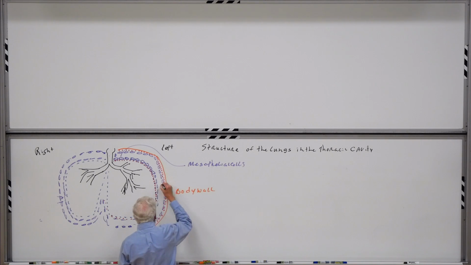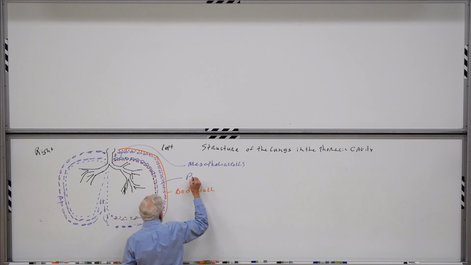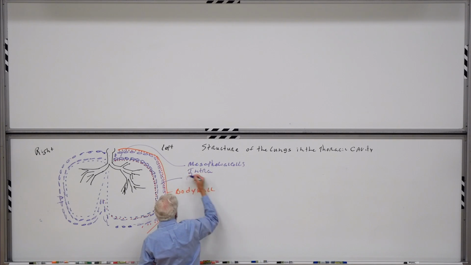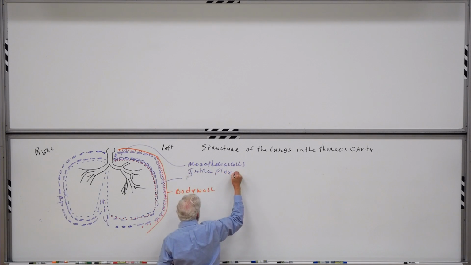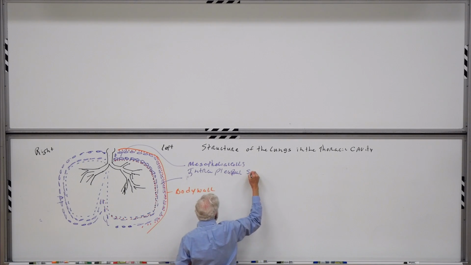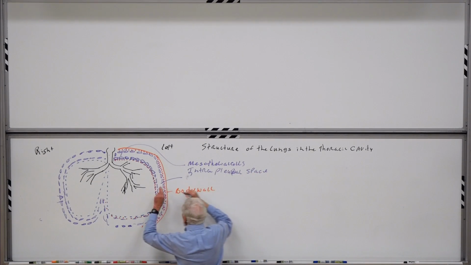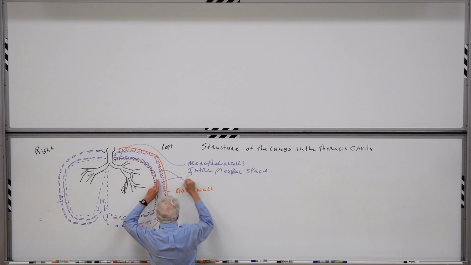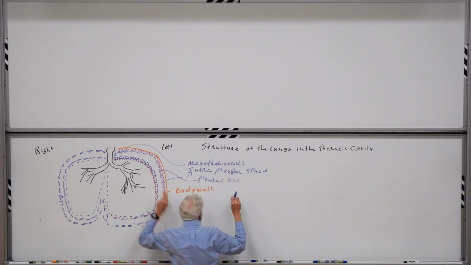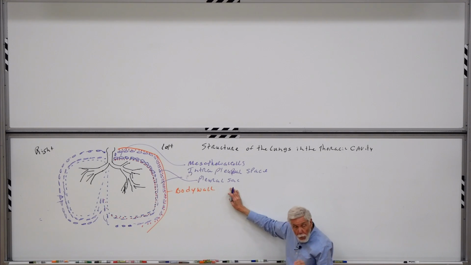This is the intra-pleural space. And taken together, this is the pleural sac. But the pleural sac is composed of two layers.